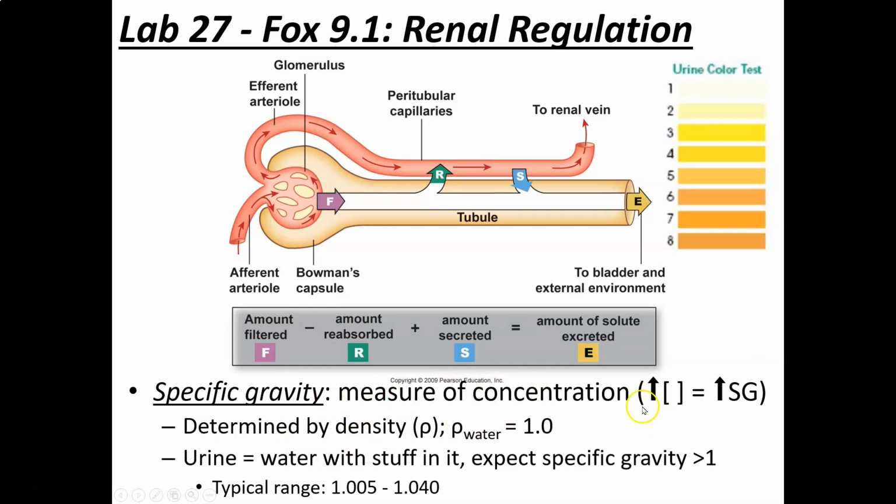The higher the concentration, the higher the specific gravity you have. Now, this chart doesn't work great because it's on the computer, but here's a chart that basically shows the urine color test. The lighter the urine, the lower the specific gravity. And kind of think of it this way. The lighter the urine, the more it's like water, so the less stuff it's going to have in it.